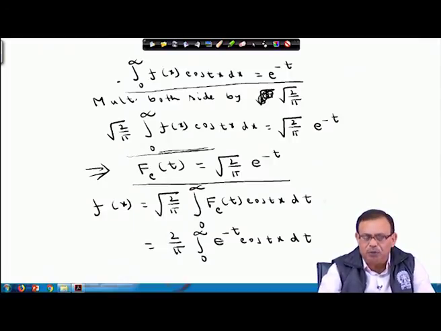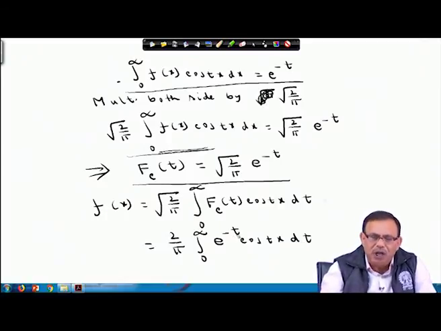The only thing I have to do now is evaluate this integral, 0 to infinity e power minus t cos(tx) dt, and then I can tell what the value of f(x) will be. So, let us evaluate the integral now. Here I is nothing but integral 0 to infinity e power minus t into cos(tx) dt.